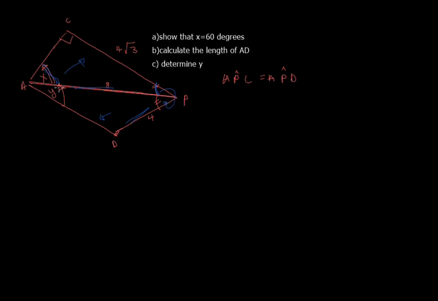So let's say angle APC equals 90 degrees minus 60, which can give us 30 degrees. So leading us to know that this 30 degrees equals DPA.